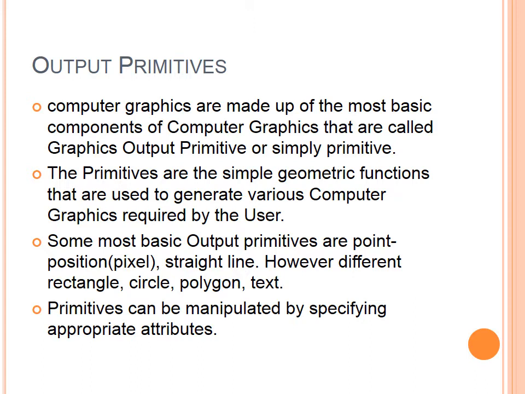Some most basic output primitives are point, position, straight line, rectangle, circle, polygon and text. Primitives can be manipulated by specifying the appropriate attribute.